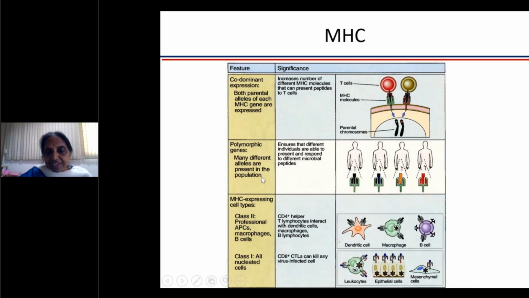And the second thing is that HLA genes are the most polymorphic genes in the population. They exist in different forms, which we call alleles. That can also partly explain why, in infections that happen in the community, some people get it, some don't.